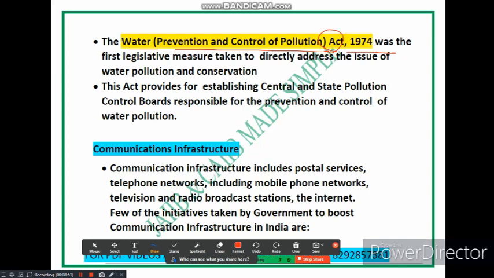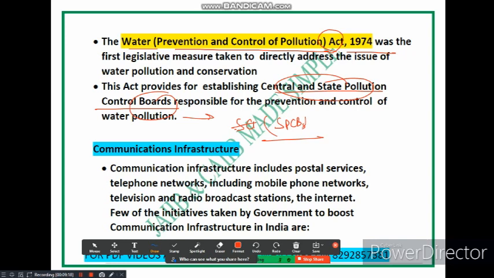Next point: the Water Prevention and Control of Pollution Act 1974 establishes the CPCB, the Central Pollution Control Board at the national level, and the State Pollution Control Board, SPCB, at the state level. As the name suggests, CPCB is at the central level and SPCB is at the state level.